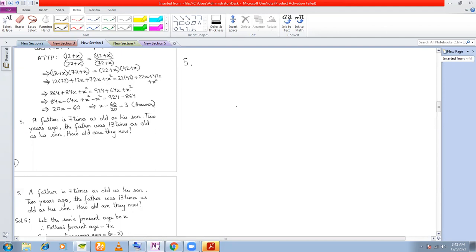2 years ago, father was 13 times as old as his son. We'll see about 2 years back later. First, let's consider the present ages. Let the present age of the son be x. Therefore, the present age of father is 7 into x, since father is 7 times as old as his son.